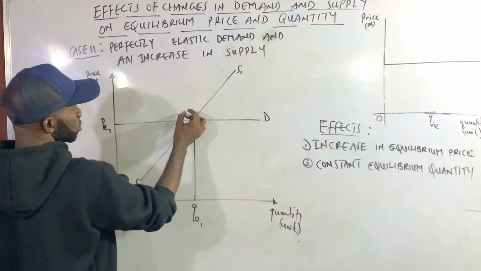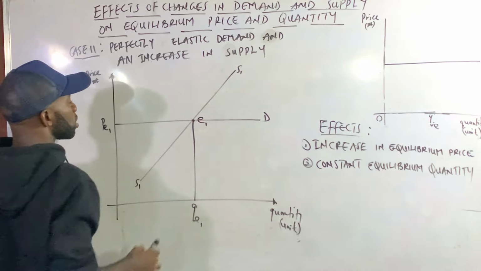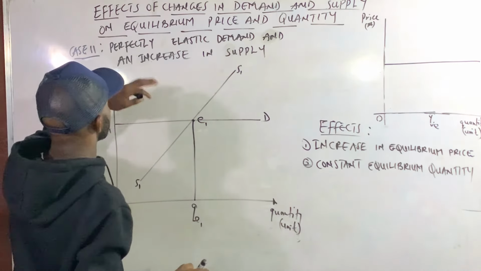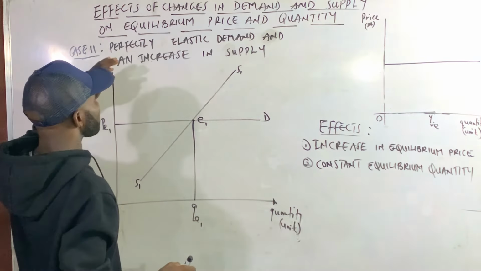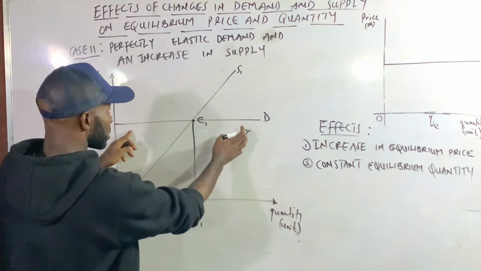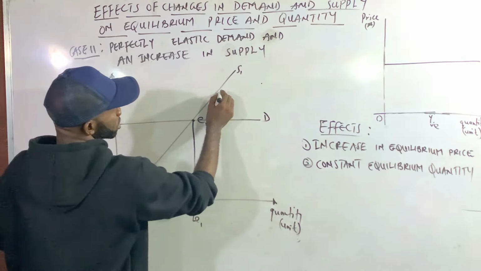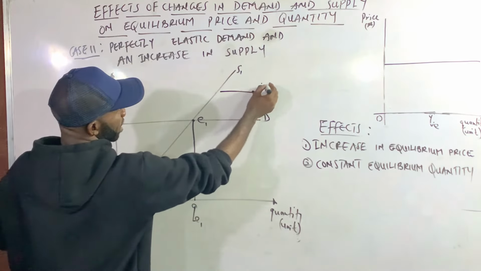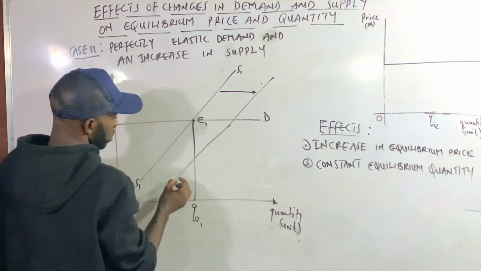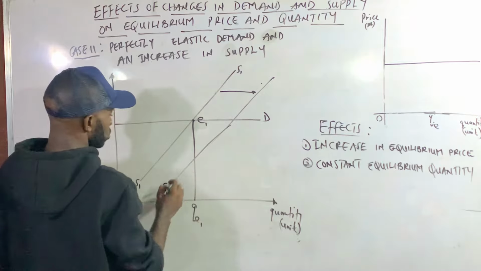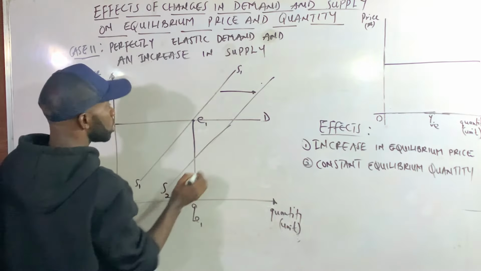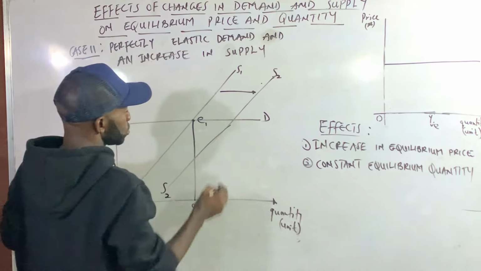At this equilibrium point 1, we can obey this instruction which says perfectly elastic demand and an increase in supply. Increase in supply is always a shift to the left. And then this is what we can have. S2.